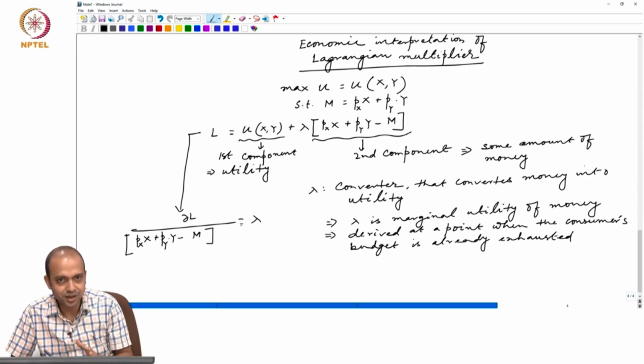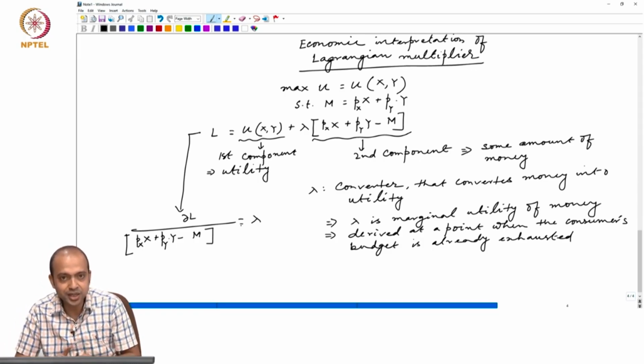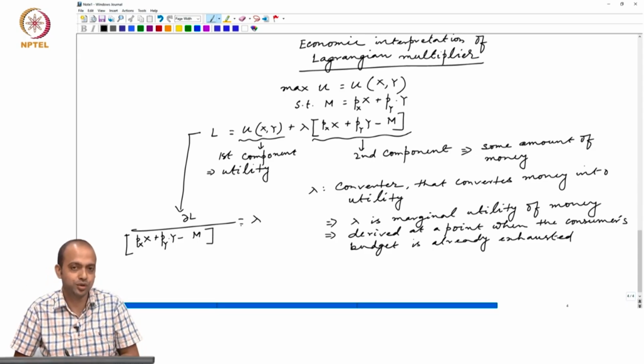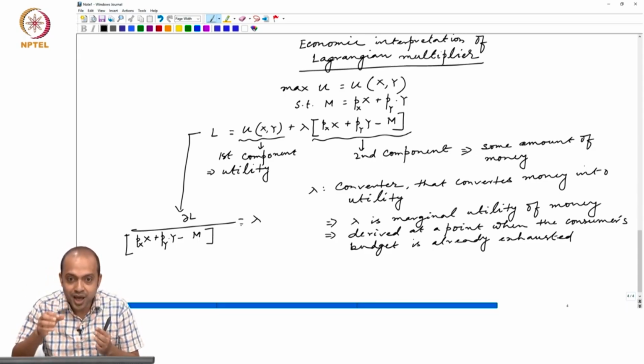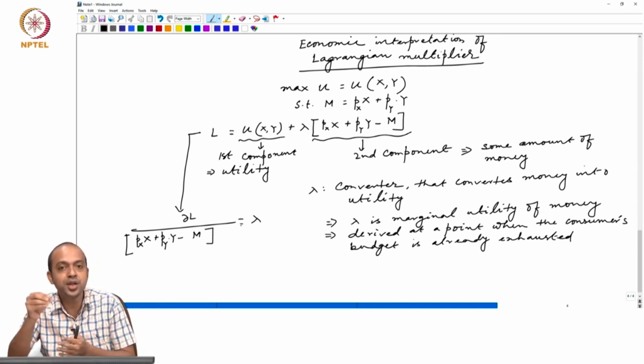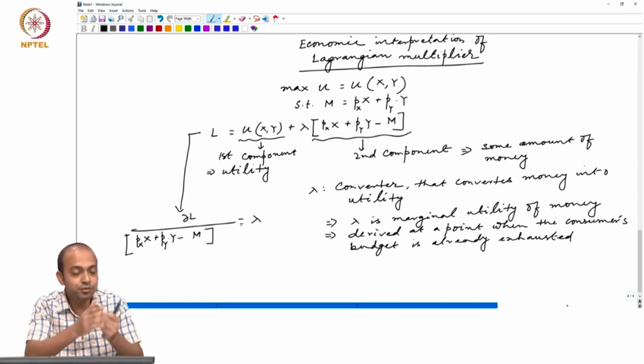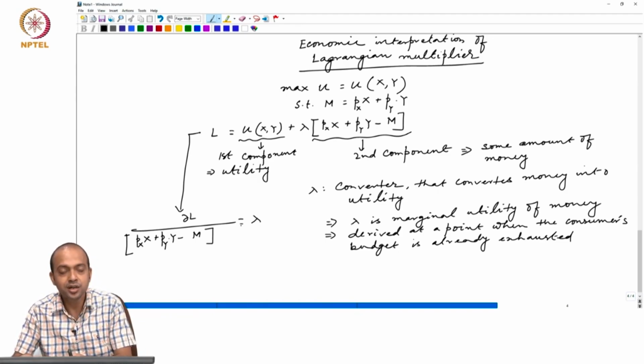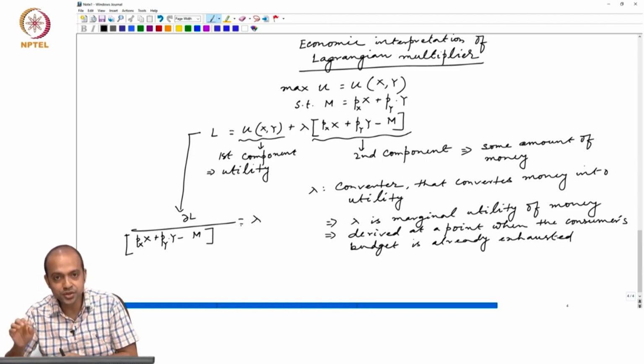That means by giving additional money, I am actually relaxing the budget constraint for you. And if I relax the budget constraint by 1 unit, what is the additional utility that we are going to get? That is nothing but lambda, the Lagrangian multiplier. That means the additional utility we get when your total money is exhausted.